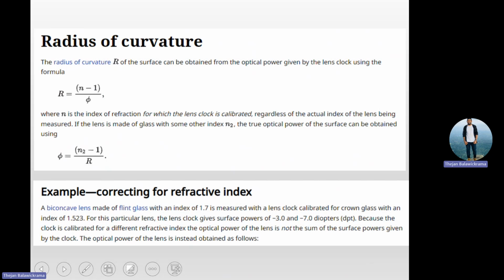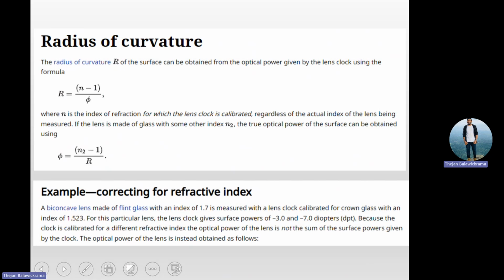A biconcave lens made of flint glass with an index of 1.7 is measured with a lens clock calibrated for crown glass, index 1.523. The refractive indexes are given. For this particular lens, the lens clock gave the surface powers -3 and -7 diopters.